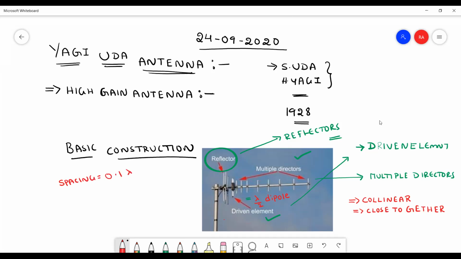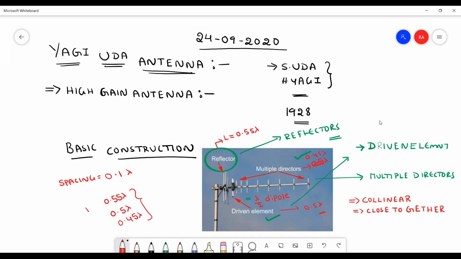The length of the reflector is 0.55 lambda, the driven element is 0.5 lambda, and the directors are 0.45 lambda.